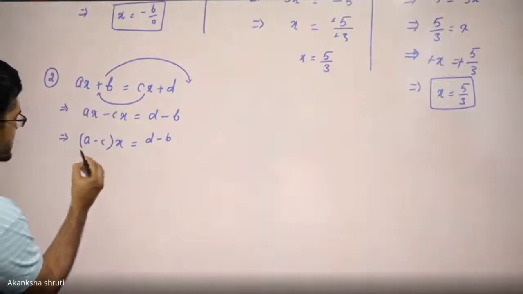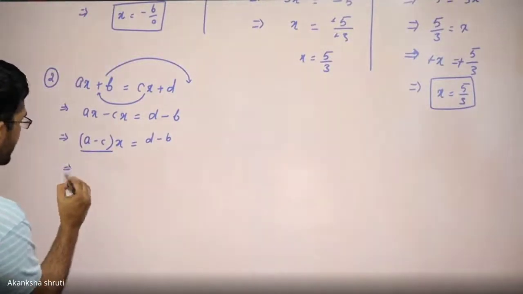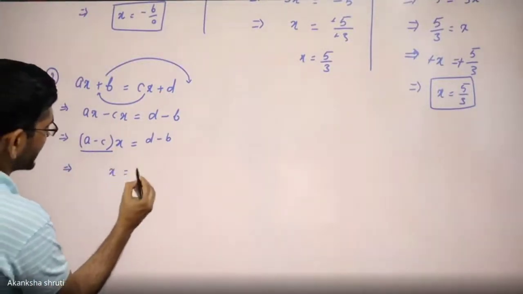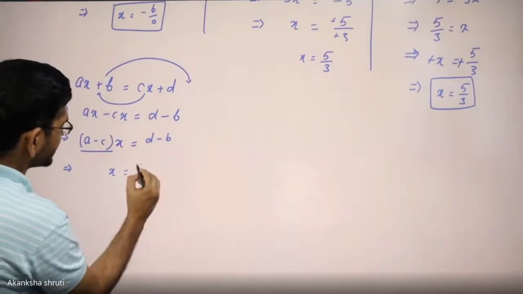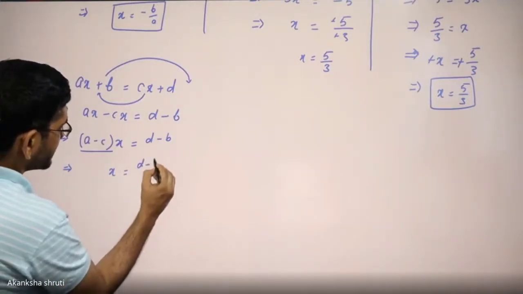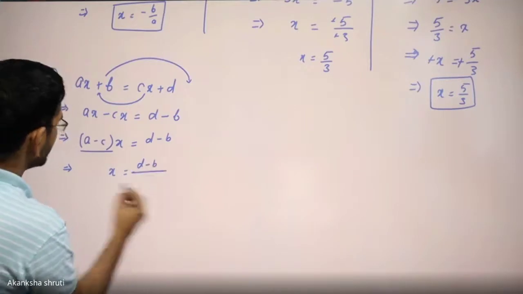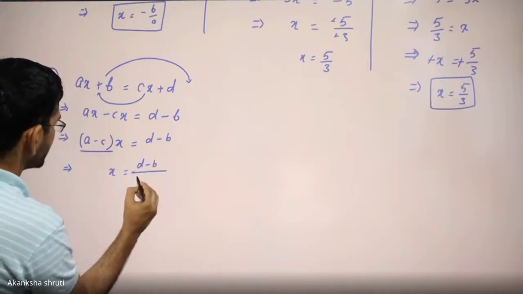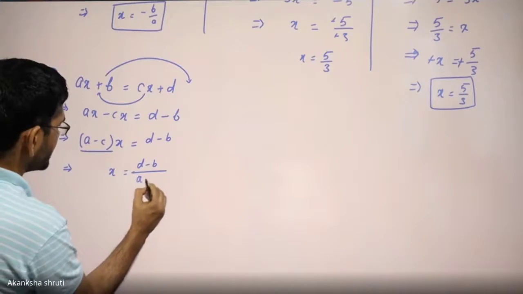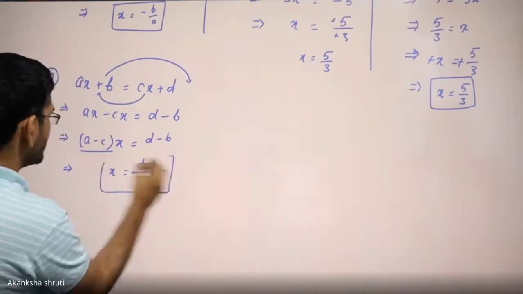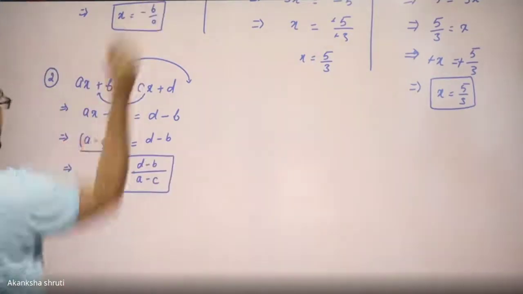Now, this entire bracket is in the multiple of x. So the value of x can be obtained by dividing the entire number on the right hand side by the coefficient of x, that is a minus c. So this is the value of x. Okay.